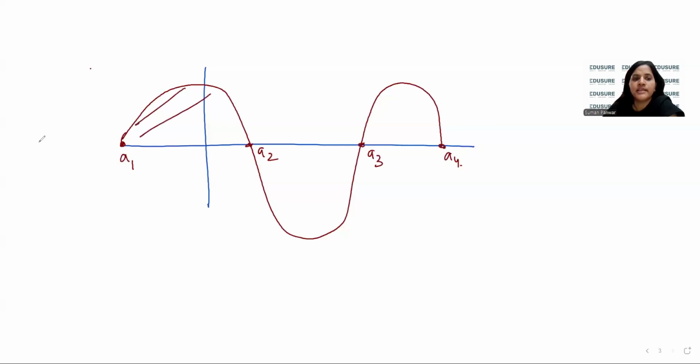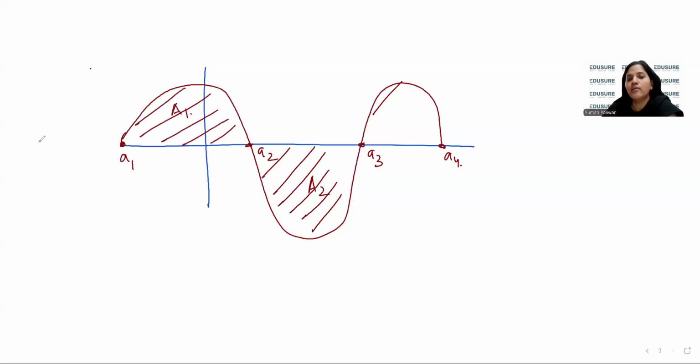So you find out this area, call it A1. Then you find out this thing, call it A2. And then you find out this thing, call it A3, using the same process. And then you note that area cannot be negative. So therefore, we have to take the absolute value. That's it.